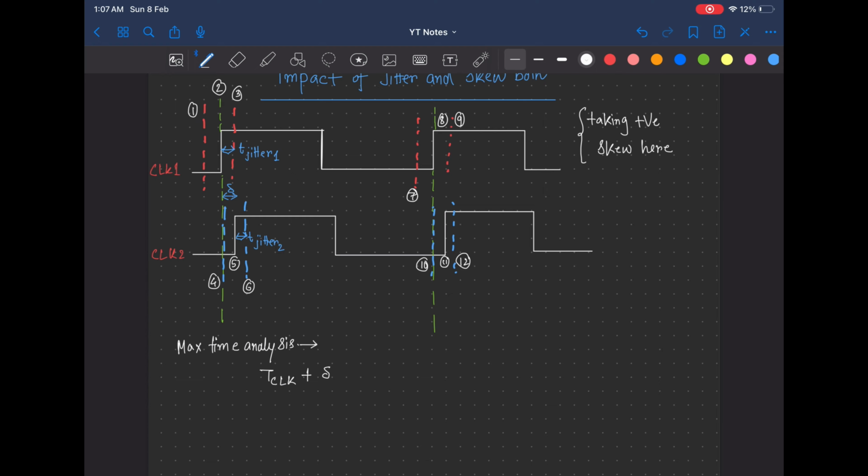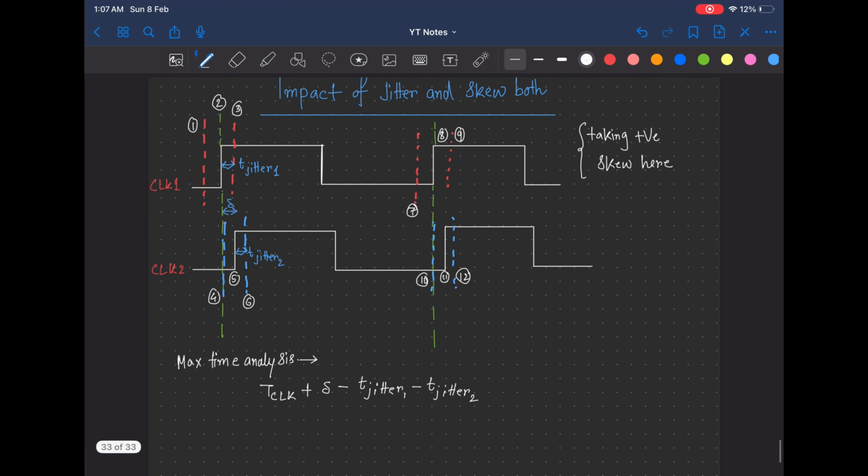The skew will be added because this is a positive skew, and jitter both will add, because for T jitter 1 we are taking the 3 and 7 points, and for T jitter 2 we are sampling at the 6 and 10 points, and then the equation will be T clock to Q plus T combinational of data maximum plus T setup.